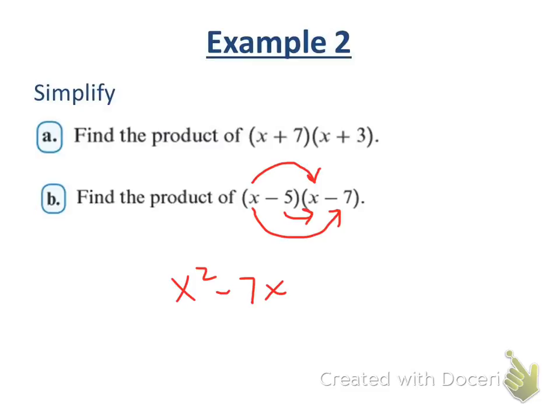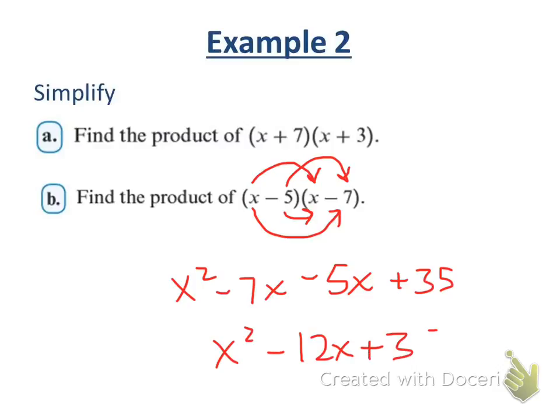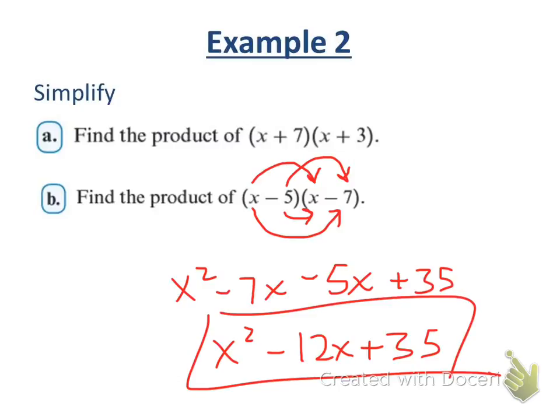That's -5x. And this is positive 35. Combine those two, and we get x squared minus 12x plus 35. The pattern holds again. The product of -5 and -7 is positive 35. The sum of -5 and -7 is -12. Okay?